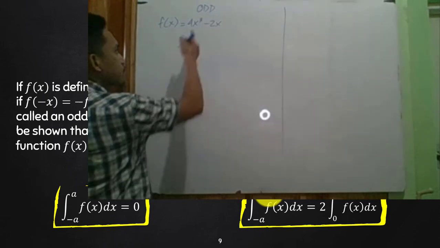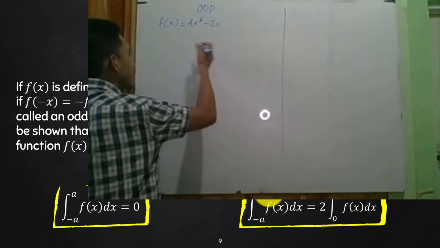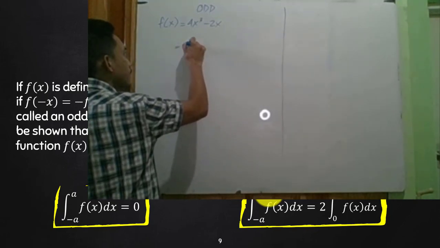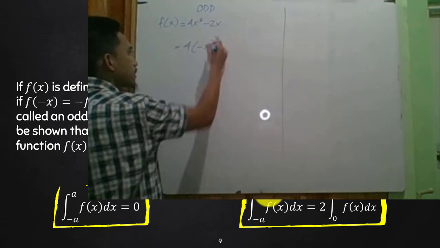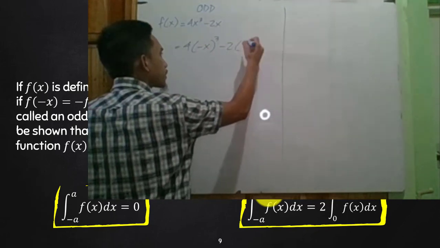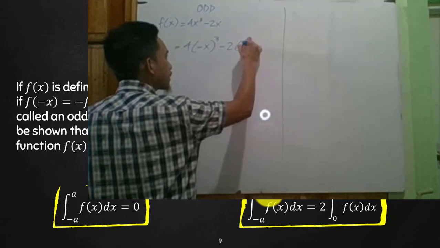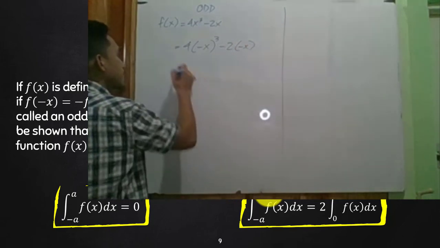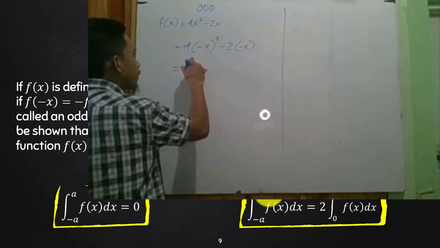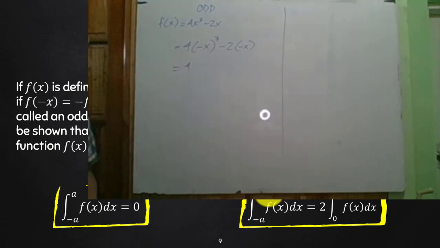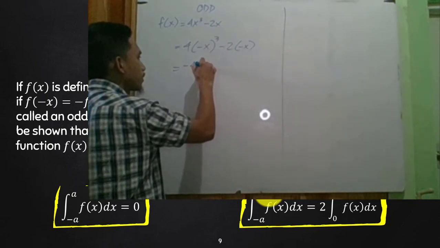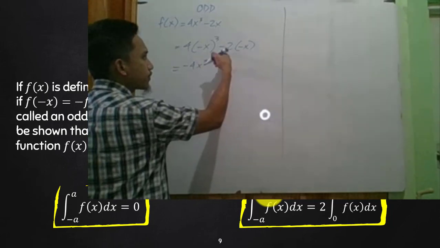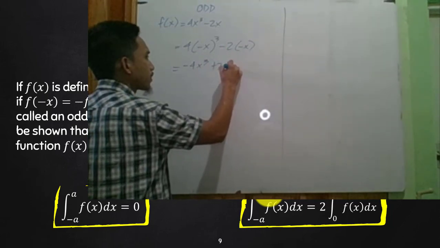If I change this x into a negative x, this becomes 4 times negative x cubed, minus 2 times negative x. Raising negative 1 to 3 is still a negative, so that will be negative 4x cubed, and the negative will make it plus 2x.